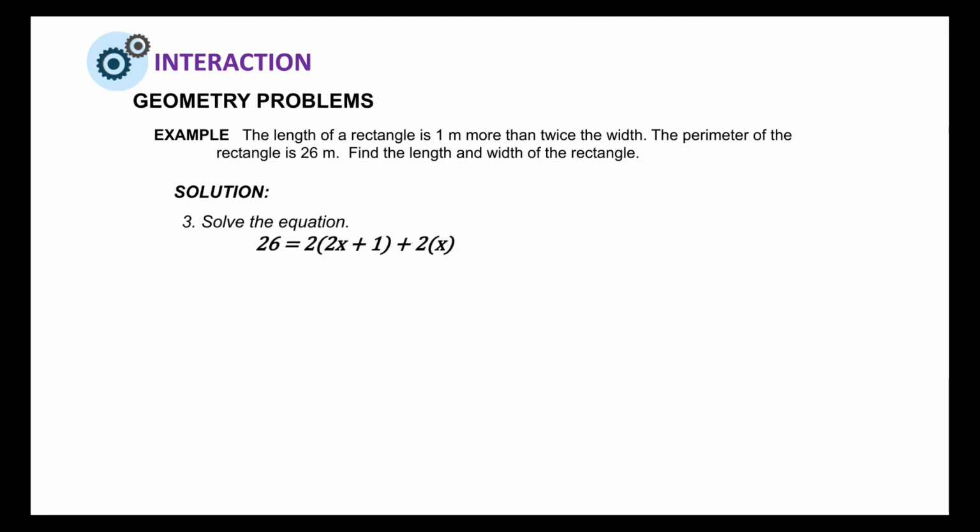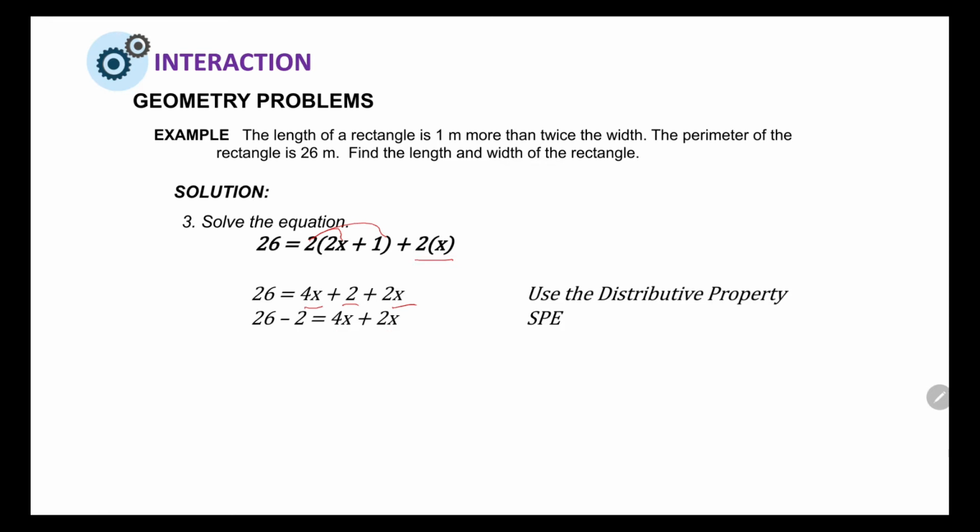Step 3 is to solve the equation. We have 26 is equal to 2 times the quantity 2x plus 1, plus 2x. Use the distributive property: 26 is equal to 4x plus 2, plus 2x. Subtract 2 on both sides: 26 minus 2 is equal to 4x plus 2x.